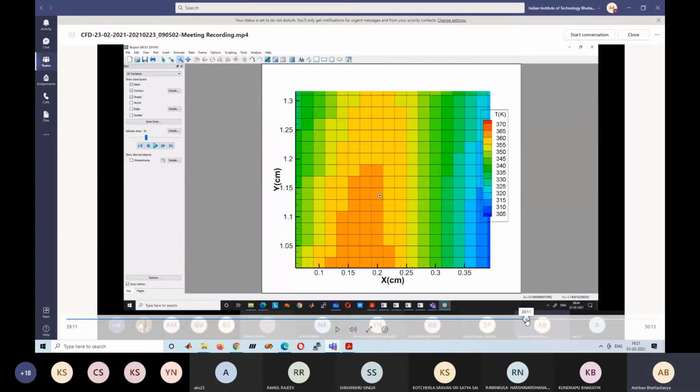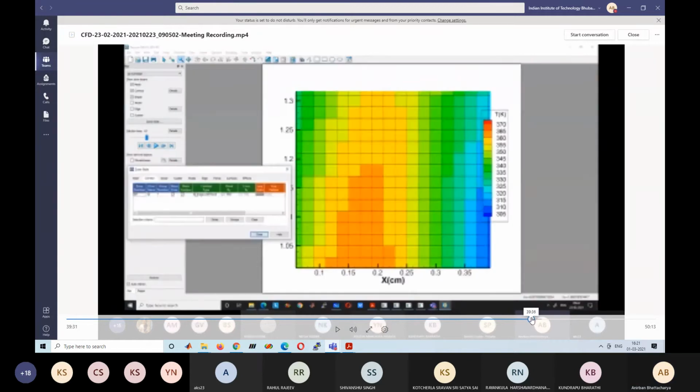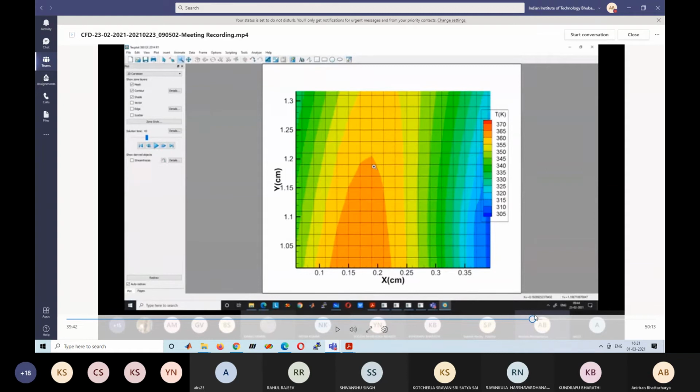Say instead of this discrete value, see, I can join these lines to get a nice looking profile. But this is what is known as post processing.